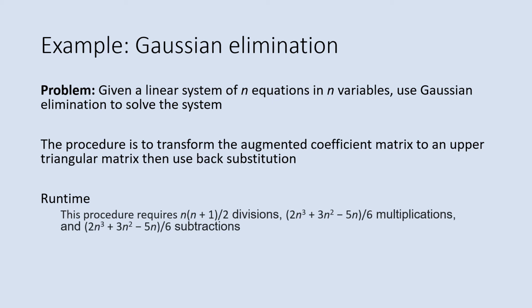In that case, we can go through very carefully and add up how many divisions and multiplications and subtractions are needed. It turns out to be about 2n cubed over 3. So the number of operations is big O of n cubed. That incorporates both converting the matrix to triangular form and then doing the back substitution to solve the problem.